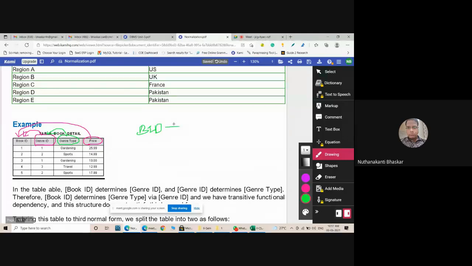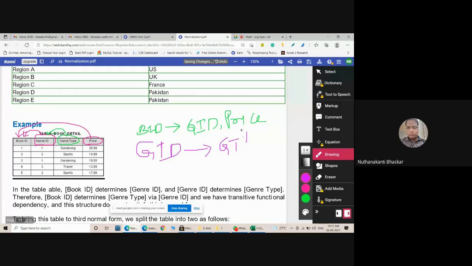Now, if you observe, BID determines genre ID and price. Correct? Yes, sir. Now, genre ID, nothing but a category ID, determines G type, meaning category type.